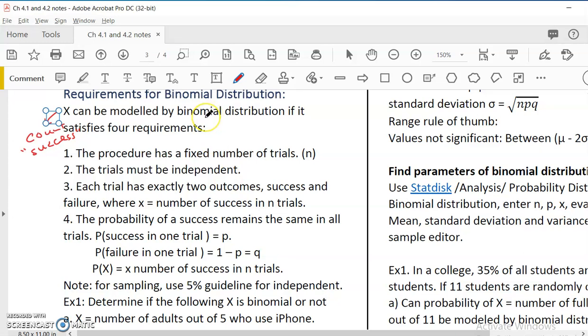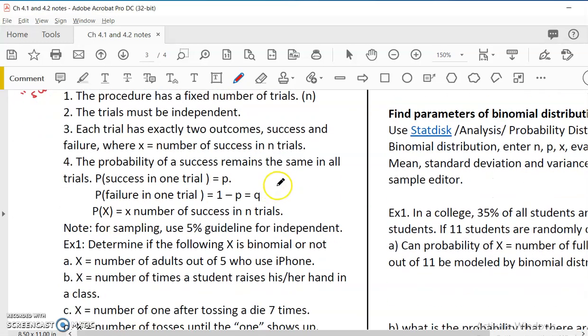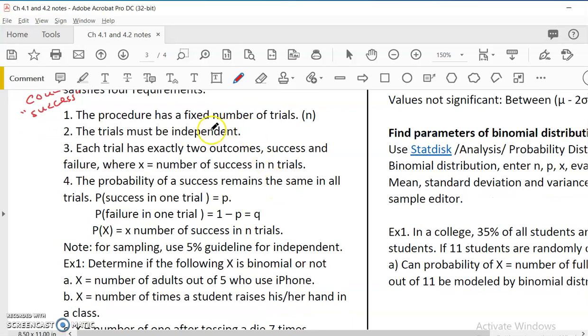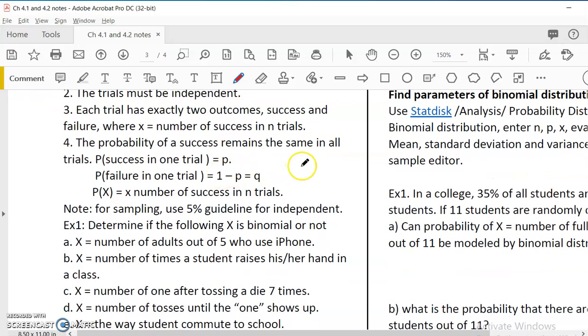The reason why the binomial distribution is very good is that it can be used to model so many things that happen by chance in real life, so long as you are counting something, your count stops at a certain number of trials, and they're all independent.